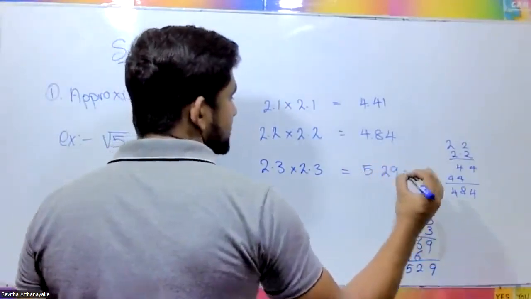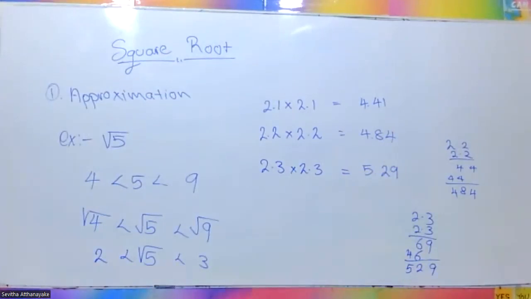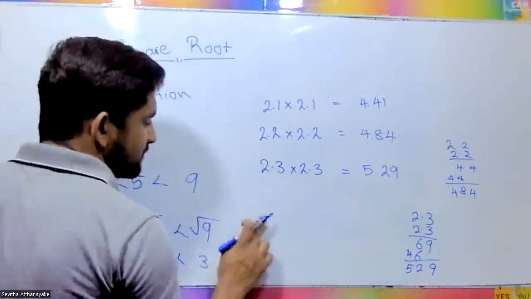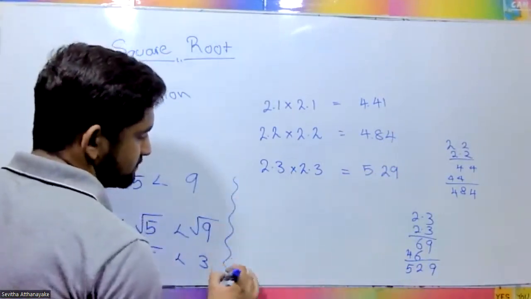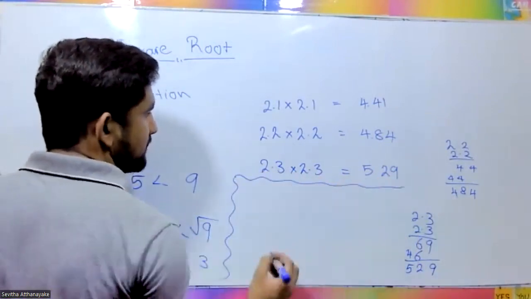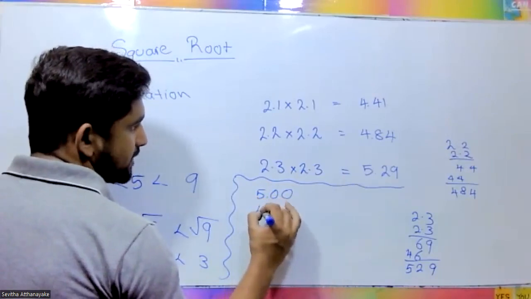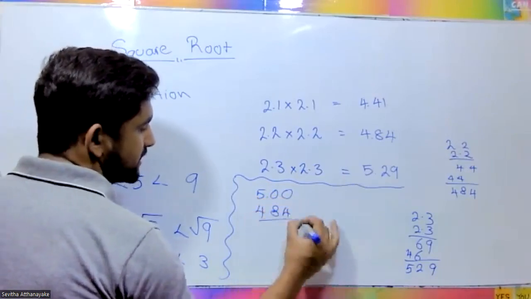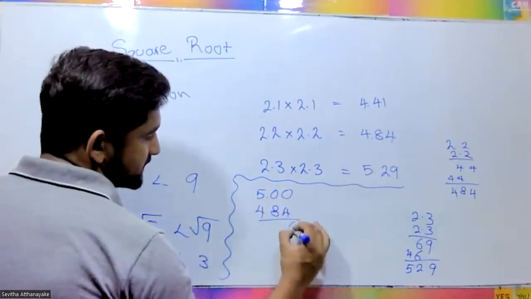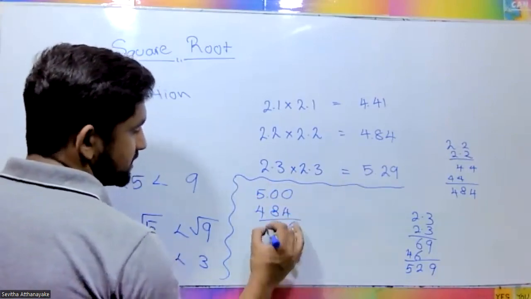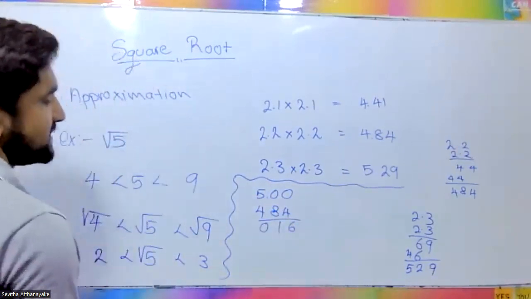We should take the nearest number to 5. How to check the nearest number? We can do that like this. 5 minus 4.84. Here 6, here 1, here 0. 0.16.